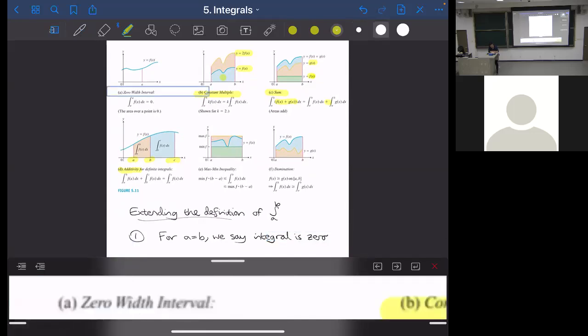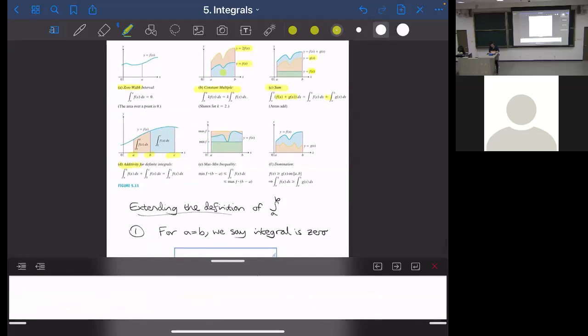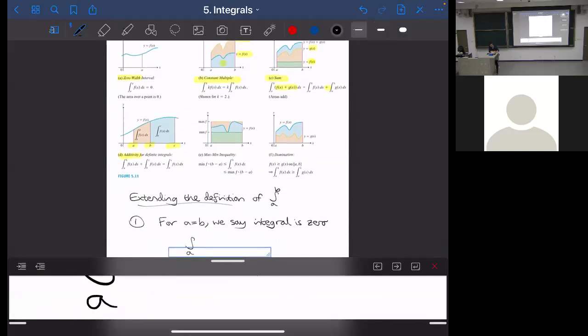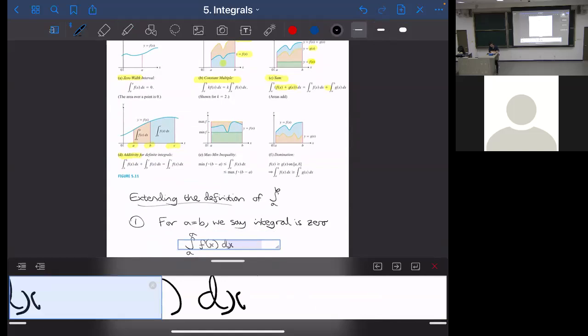A zero width integral. So that makes sense because the area on that interval of zero width is 0. And so we write the integral from a to a of f(x) dx equals 0.